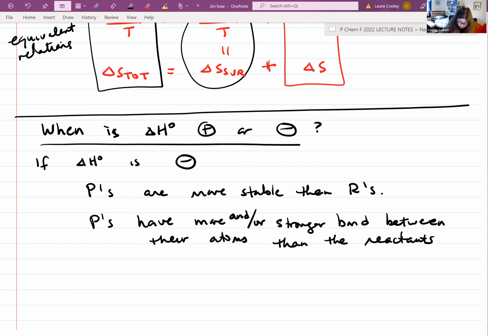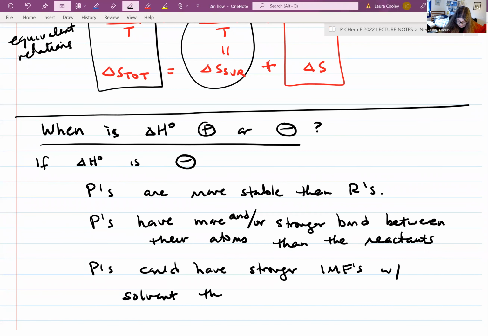There might be a situation where everything else is equal for reactants and products, but maybe the products have stronger intermolecular forces with the solvent than the reactants did. Okay, that's kind of what you're looking for. Products could have stronger intermolecular forces with solvent than reactants.